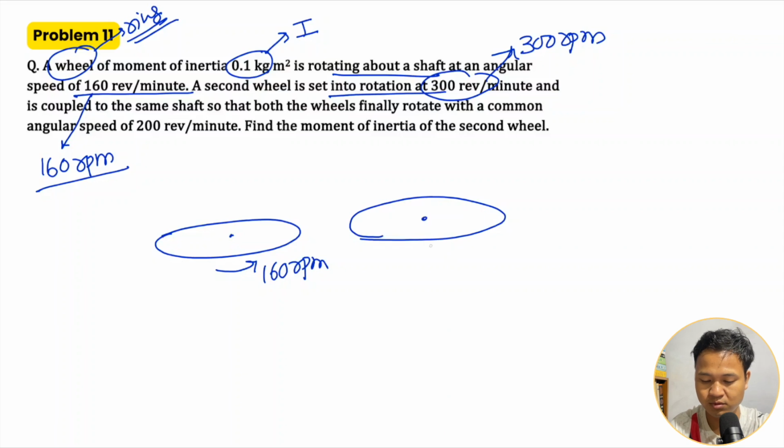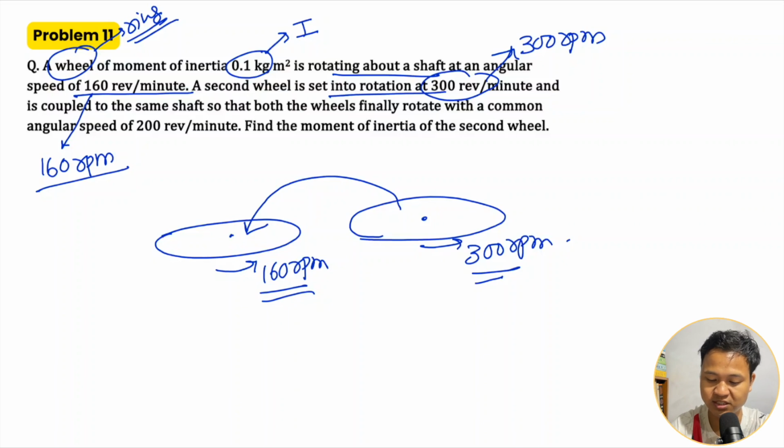The second wheel is rotating at 300 rpm, and you keep it above the first. When they come in contact, their speeds change, and they are going to start rotating with the same angular speed.